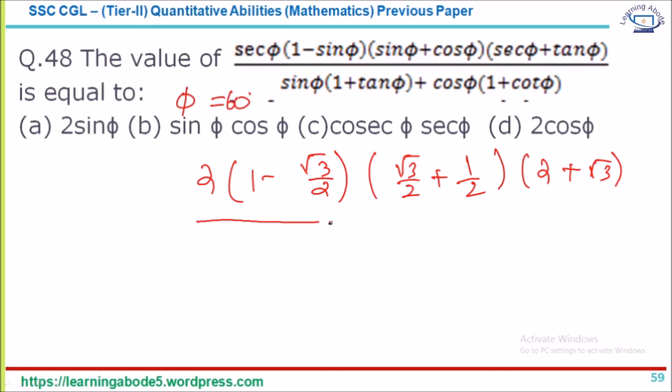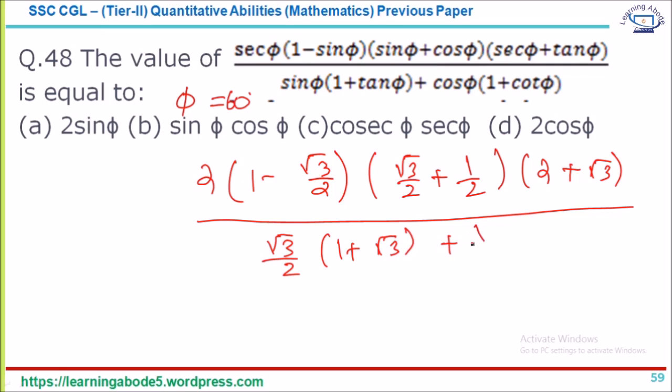Now the denominator, that's root 3 by 2 into 1 plus root 3 plus half into 1 plus 1 by root 3.